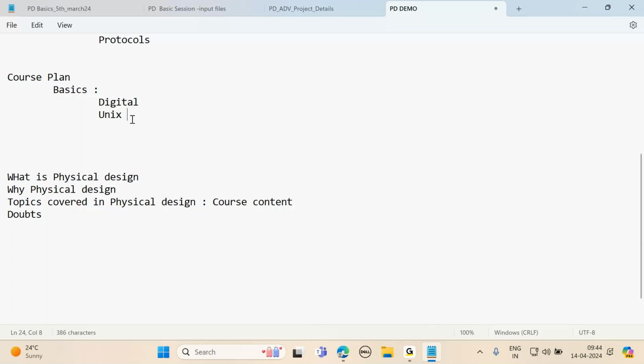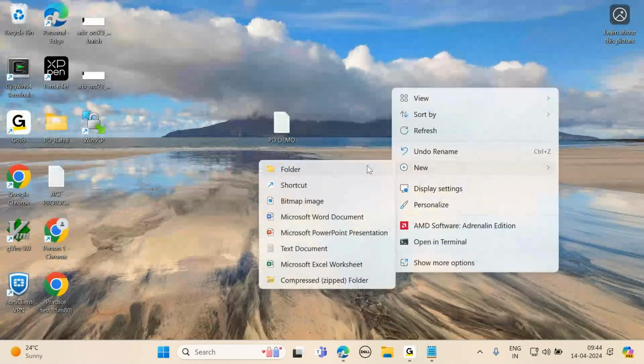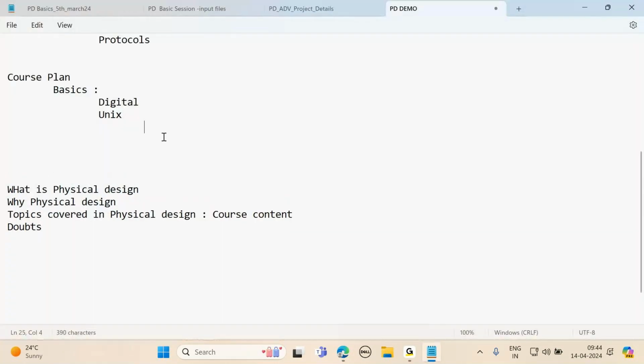See, if I want to create 10 folders in Windows, how do I create them? Right click, new folder, named P1. Next, again right click, new folder. So I have to do it 10 times. But in Unix, I directly use only one command like this: mkdir P1, P2, P3, P4, P5, P6, P7, P8, P9, P10.